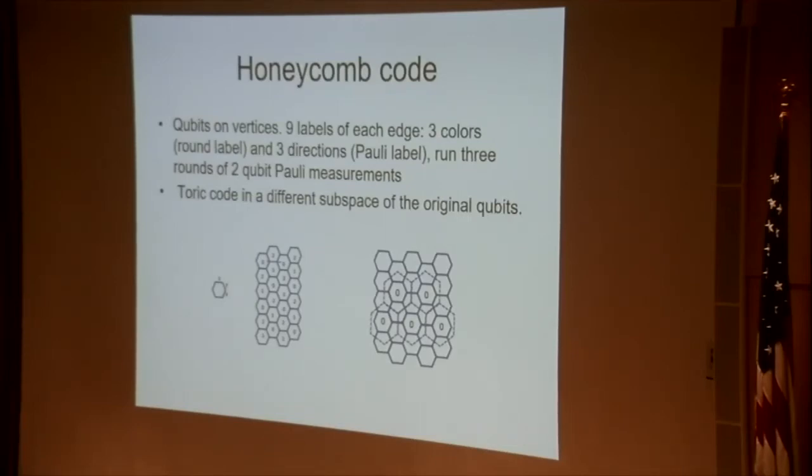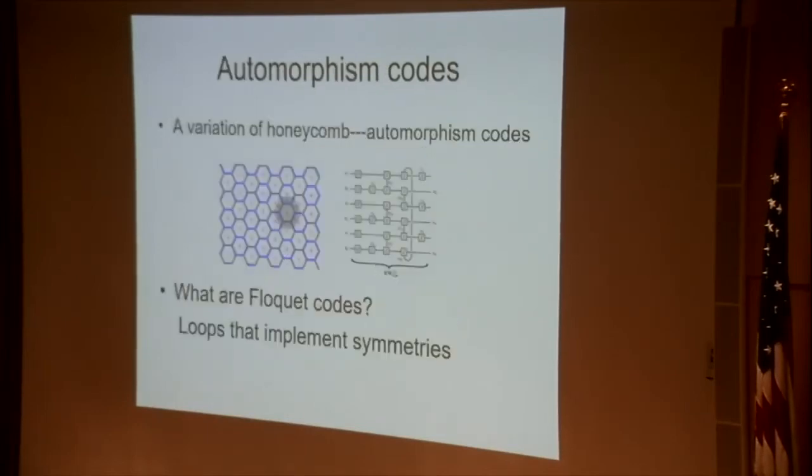And then my question is, what is this? I still don't know, but the explanation is this can be generalized to something called automorphism code, which is basically the following, which I want to claim, but I don't have a construction. Give me any anyon model, give me any symmetry. I believe you can make a new code called Floquet.